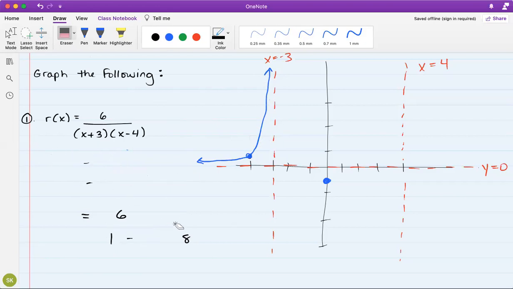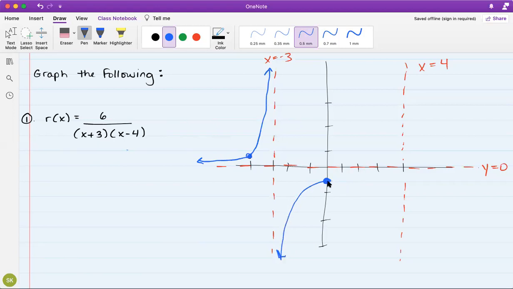The next thing is we need, well, technically we don't need to find any more points here because I'm going to tell you what's going to happen. Again, over here, this portion of the graph is going to have to go towards either negative infinity or positive infinity. Now, because we can't cross this line, it has to go this way because this is an asymptote.